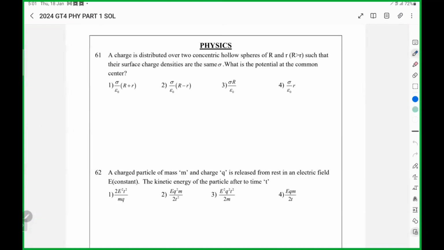Here, charge is distributed over two concentric hollow spheres.